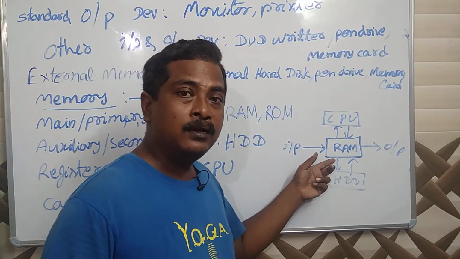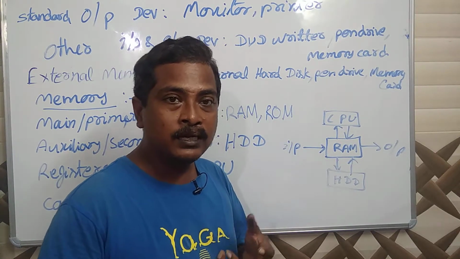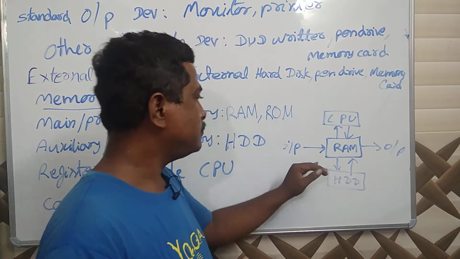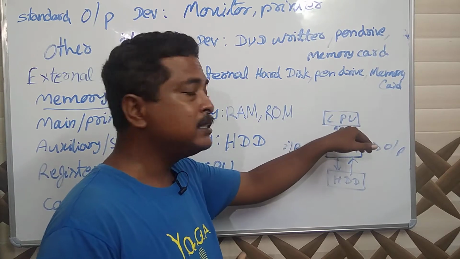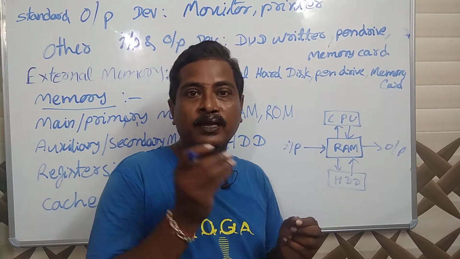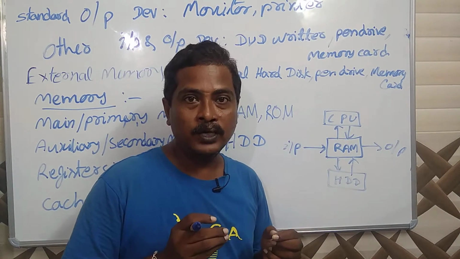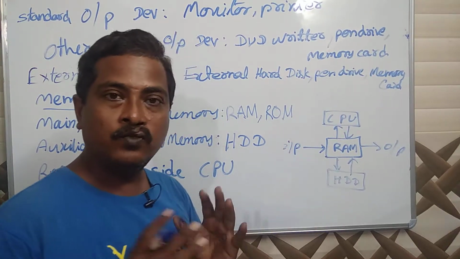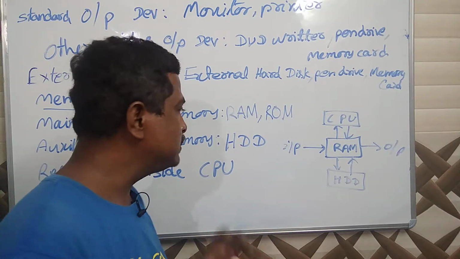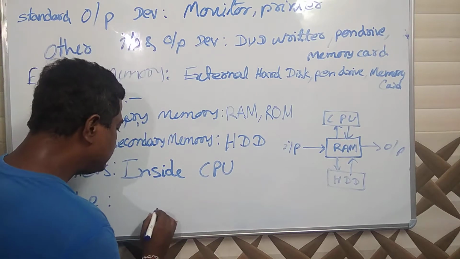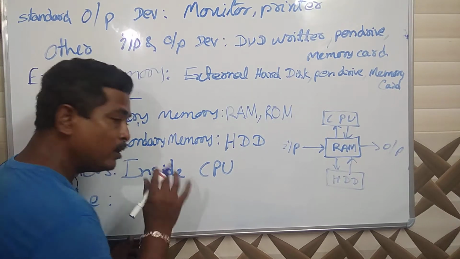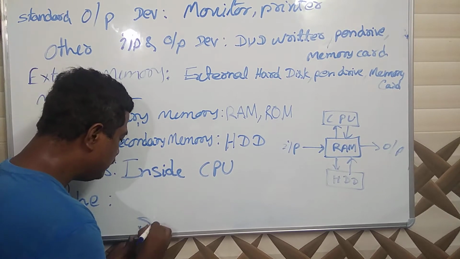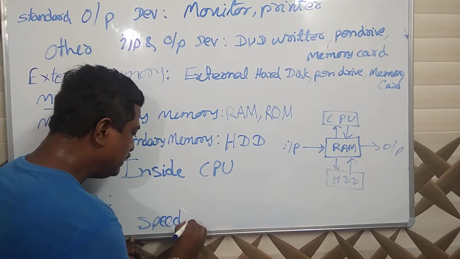Similarly, temporary memory RAM, in which size do you get it? 1 GB, 2 GB, 4 GB, like that. The registers inside the CPU are in KB, some KB. Now, what is the difference between these three? First of all, size, and there is a concept. The base memory concept is that speed increases.